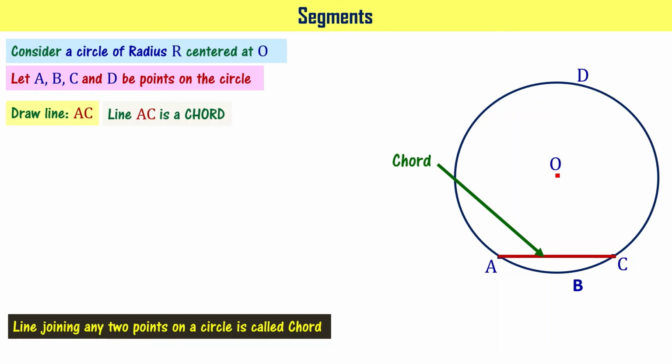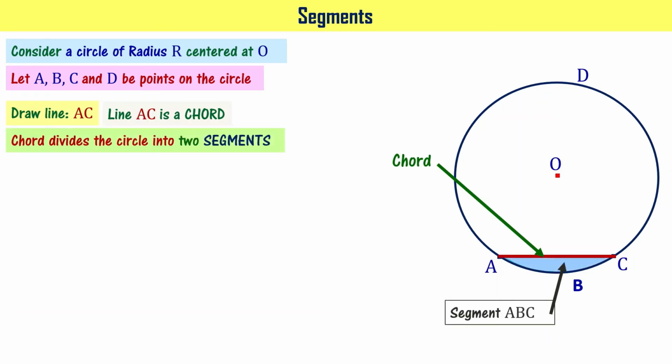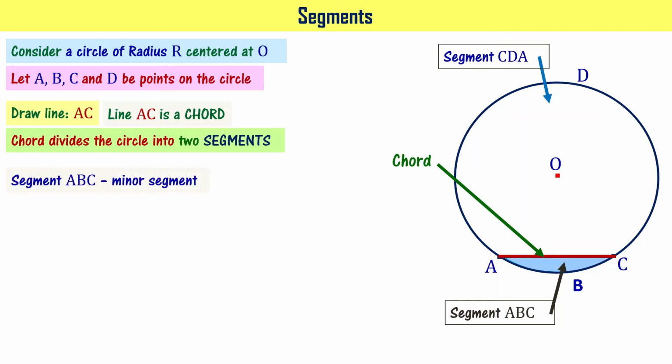As you see here, the chord divides the circle into two segments. The one in light blue color is segment ABC, and the other one is segment CDA, right? Segment ABC is called minor segment because its area is much smaller than the area of the other segment, right? Other segment CDA can be called as major segment.